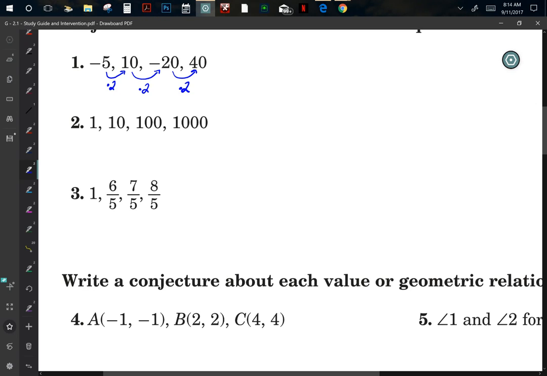But the problem is that wouldn't work for the signs, would it? Because if I multiply by a +2, this should be a -10. That would be a negative what? 20. This would be a negative what? So that doesn't work. But like you said, if I multiplied by a -2, does that work every time?